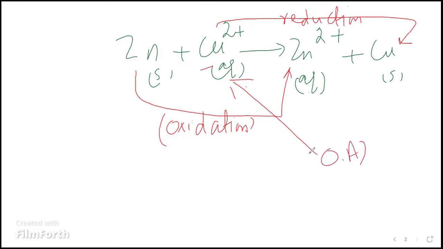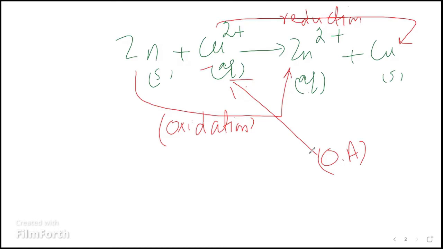Copper 2 ions are the oxidizing agent because they remove electrons from zinc metal. Zinc is being oxidized because of copper 2 ions. So copper 2 ions, or the copper 2 compound, is an oxidizing agent.